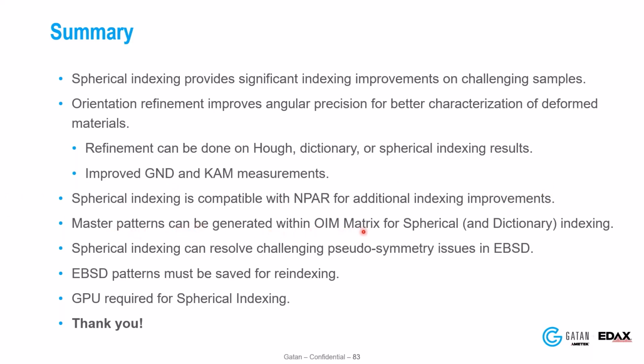Master patterns can be generated within OIM Matrix for spherical and dictionary indexing. As we go to the online session, I'll show you some pattern generation stuff. And spherical indexing can resolve challenging pseudo-symmetry issues with EBSD. Again, for doing this, you must save EBSD patterns for reindexing, and we do need a GPU for spherical indexing.